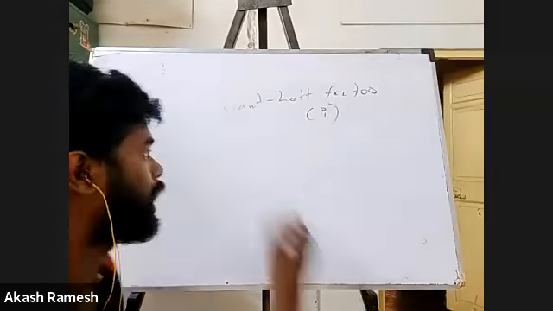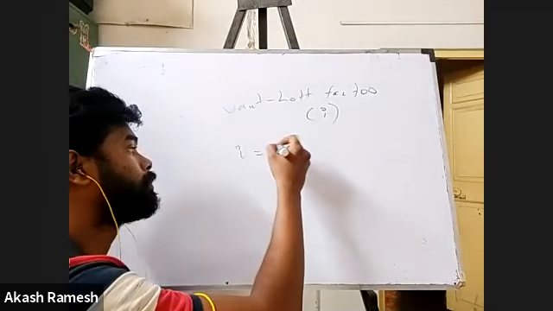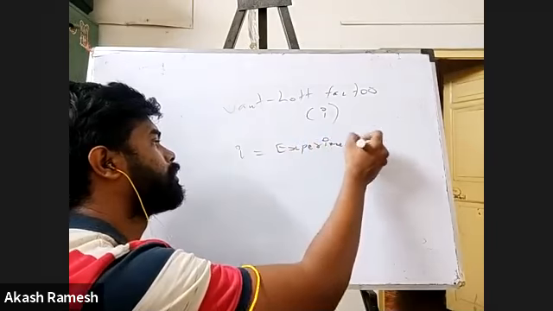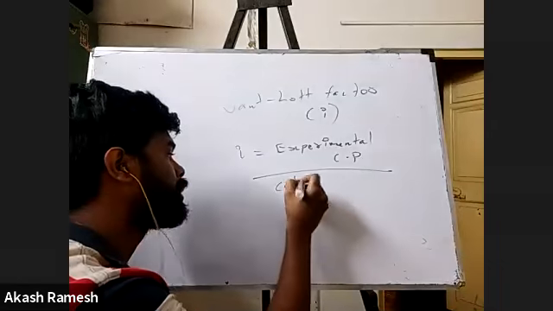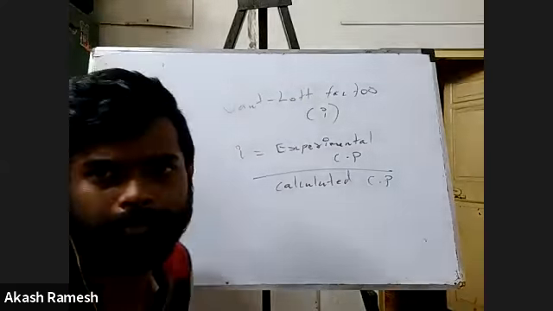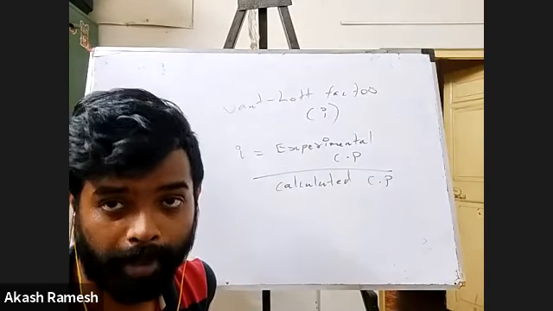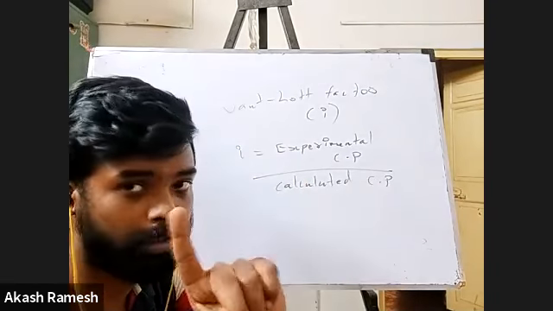Now, how am I going to define this? i is equal to experimental colligative property divided by the calculated colligative property. Please look at this.